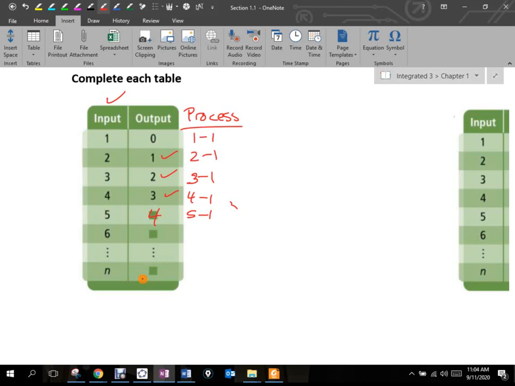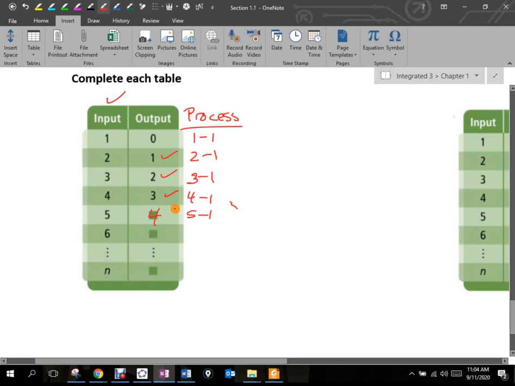My outputs are 0, 1, 2, 3, 4. It's a boring pattern, but it's adding 1 every single time, right? So I can see then that the next one obviously would have been 4. The next one is going to be 5. The next one, when this would be 7, this would be 6. Does that kind of make sense? So my input we're calling in, and we're subtracting 1 from it, correct?